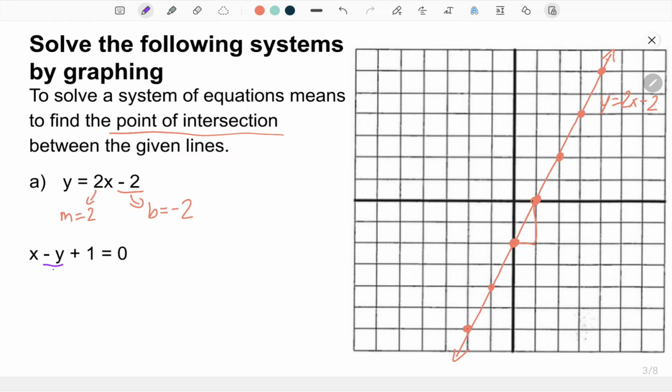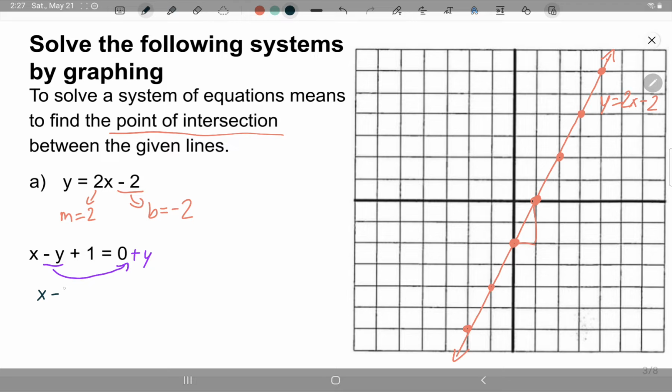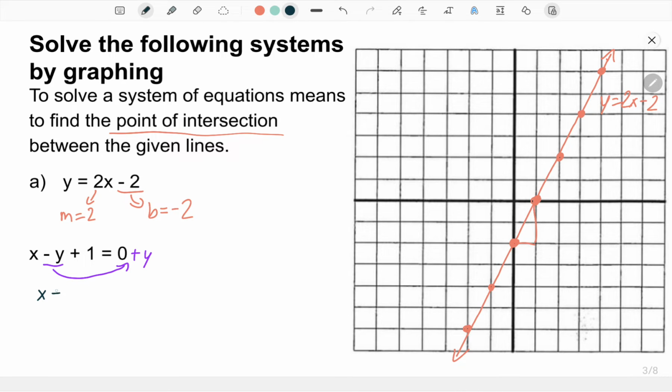Right now you have a minus y, so we want to move that over to the right-hand side of the equation. If we're moving it over, we have to do the opposite operation, so we turn it into a plus y. So you're going to have x plus 1 equal to 0 plus y, which is just y. Or just turning that equation around, that's the same as saying y is equal to x plus 1.